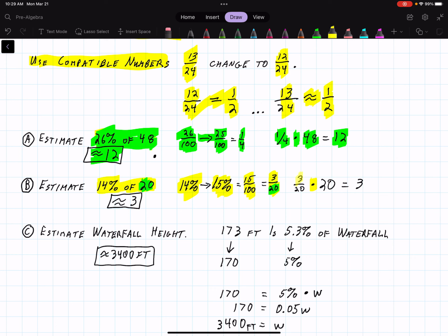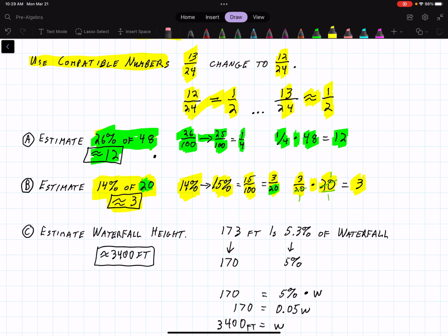So now when I take 3 over 20, which is my approximation of 14%, and I multiply it times my original number of 20, I'm just going to be able to cancel the 20 on the bottom of the first fraction with the second fraction, 20 over 1. I can cancel that to 1 and that to 1, and I end up with 3 over 1 times 1 over 1, or 3. So approximately 14% of 20 is 3.